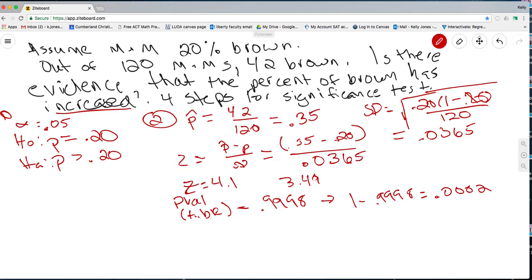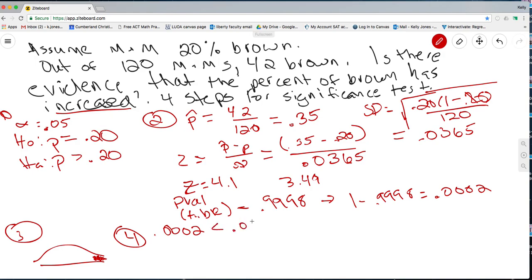Okay? Step 3 is the graph. It is a greater than graph, so it's going to be over here on the greater than side. And step 4 is my conclusion. 0.0002, my p-value, is definitely less than my alpha level of 0.05. So that means I have to reject HO. What does that mean to reject HO?